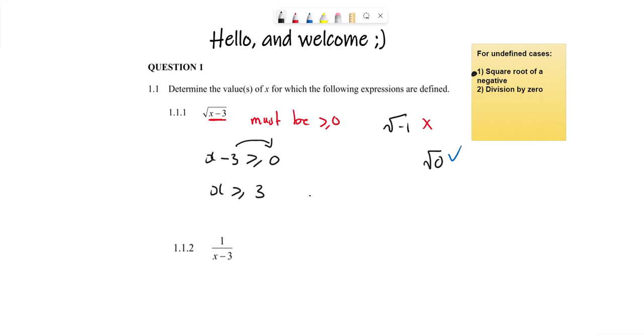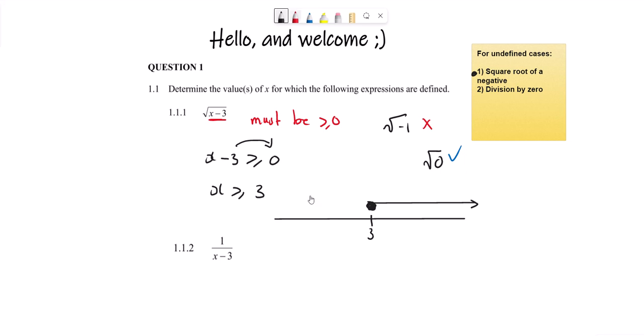If you draw a number line and you stand at 3, then x should be greater than 3 onwards, including 3.